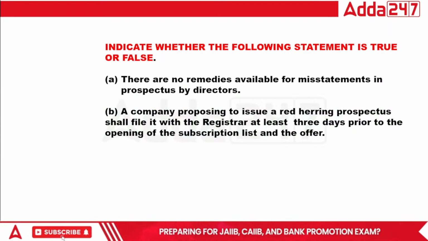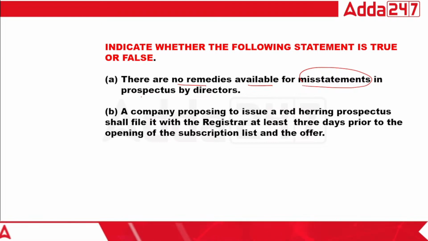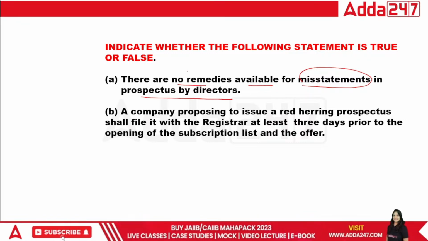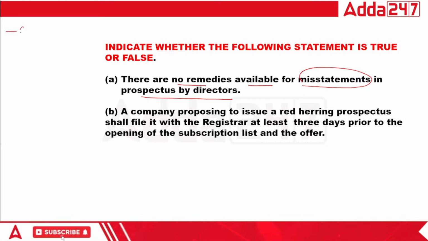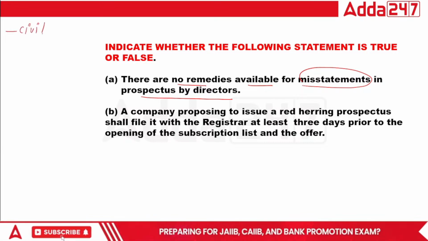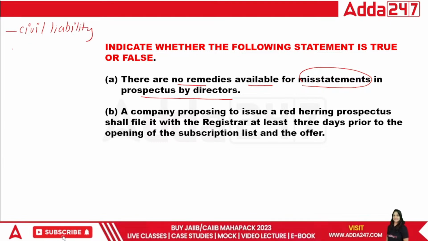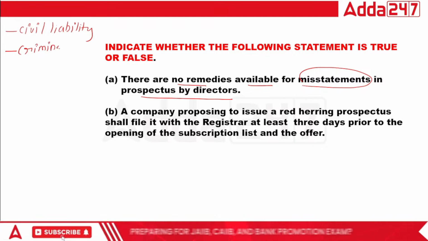Done. Now, there is no remedy available for the misstatement in a prospectus by the director. If any misstatement is there, so there is no remedy. And I think we have just read in the prospectus, if any misstatement is there, there is civil liability and there is criminal liability.